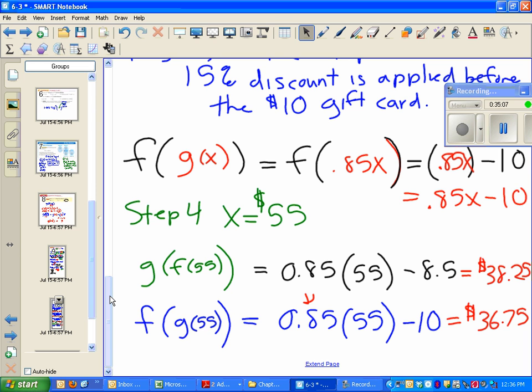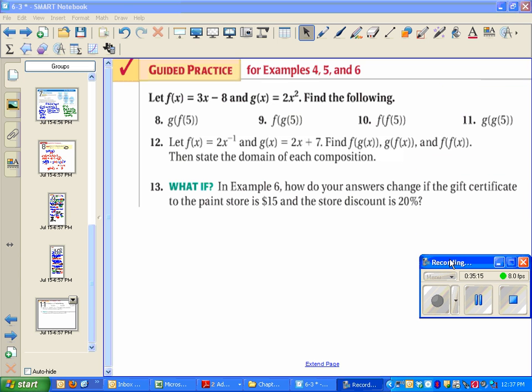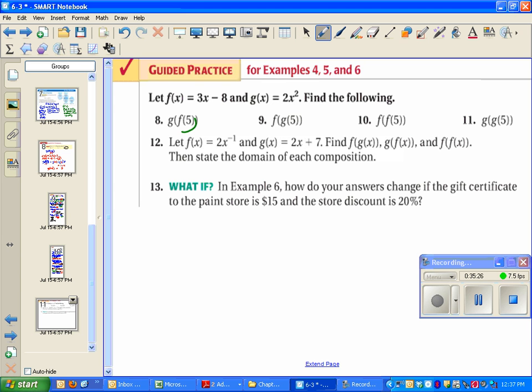Okay, that is the end of the lesson, but let's look at the guided practice. I think everything you can do: number 8, 9, 10, and 11. For number 8, find f of 5 first, and then whatever number you get, plug that in for your g.